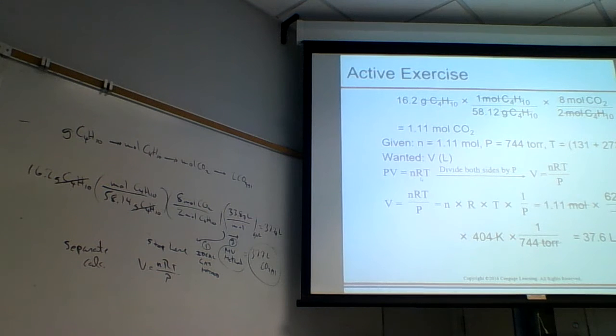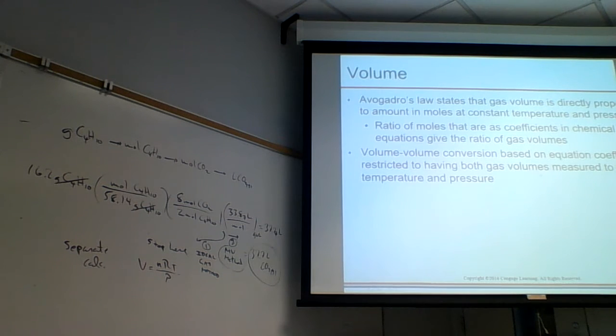And so those are two methods. Either one's fine. I don't care which one you use. All right. This is the volume to volume. Volume to volume is super easy.